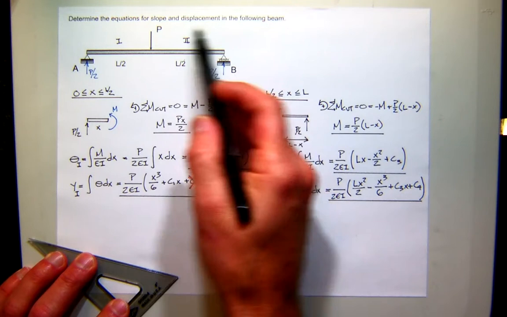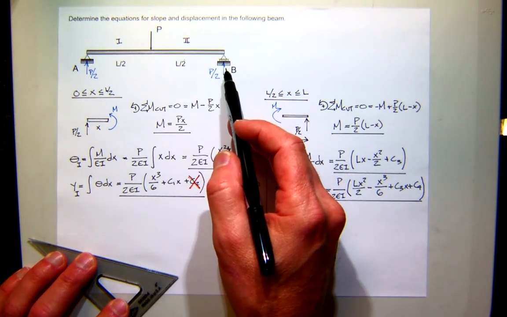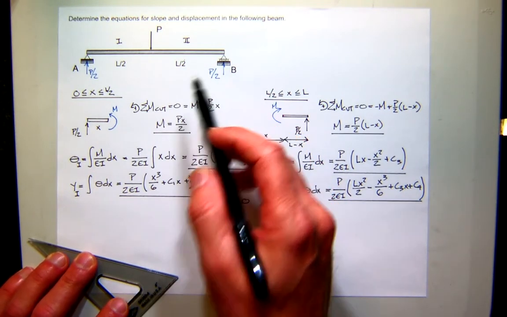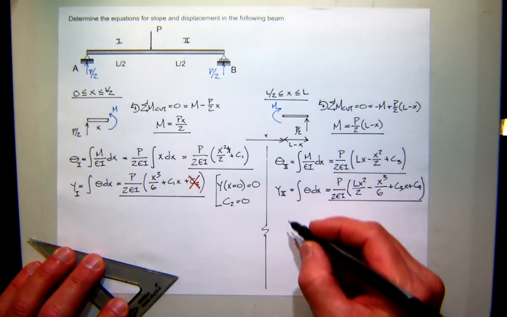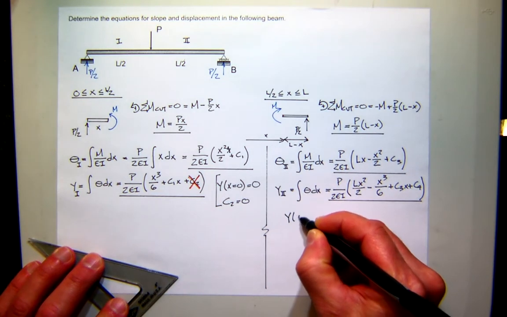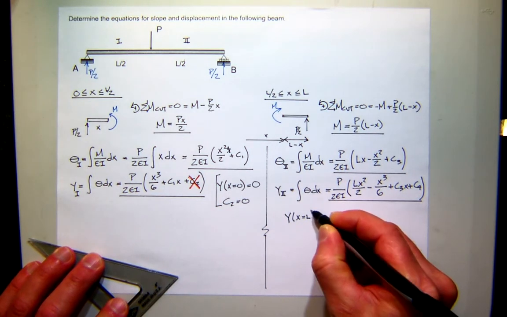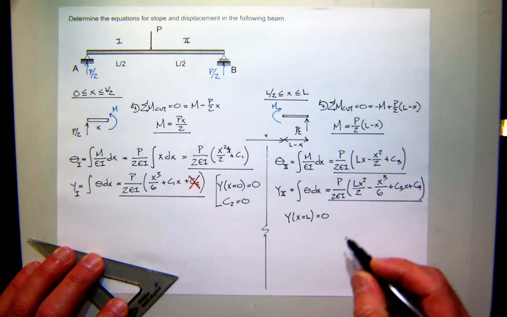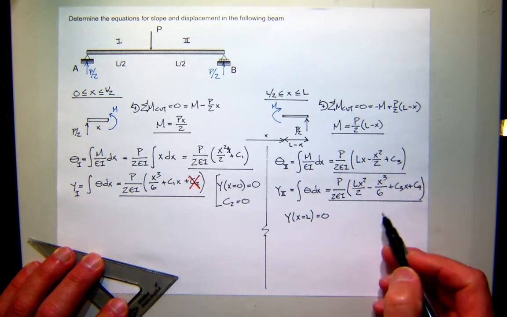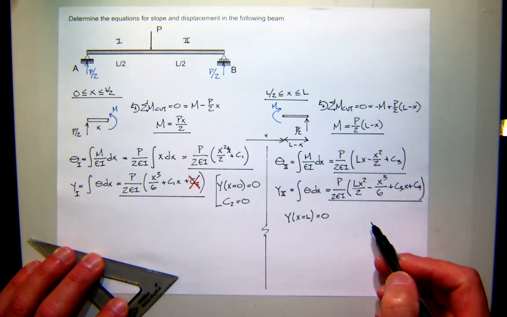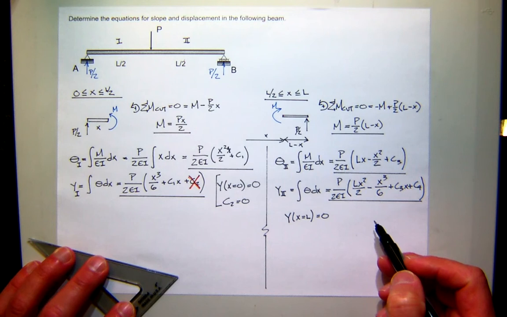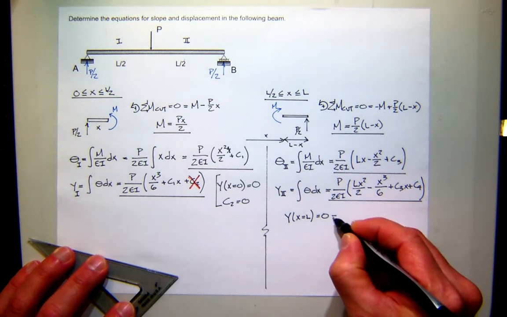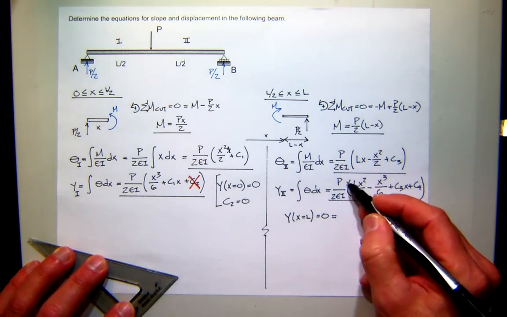Hey, I know something about that for sure. I know that the displacement at B is 0. So I know that the slope when x is equal to L is 0. So now I have to evaluate this at x equal L. That's a little more challenging than the other side. This is a constant, so I don't have to worry about it.